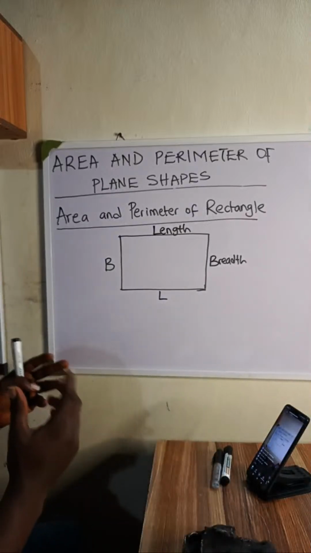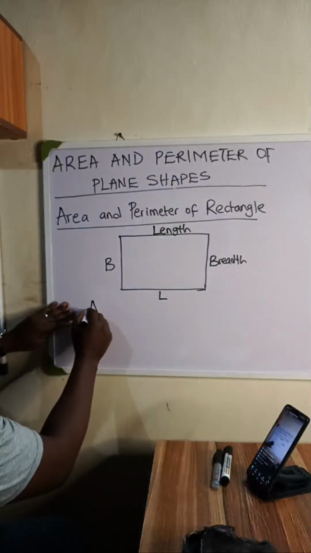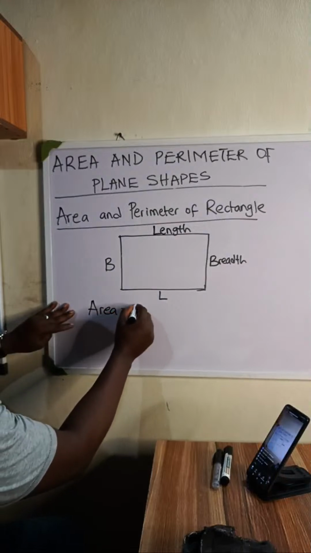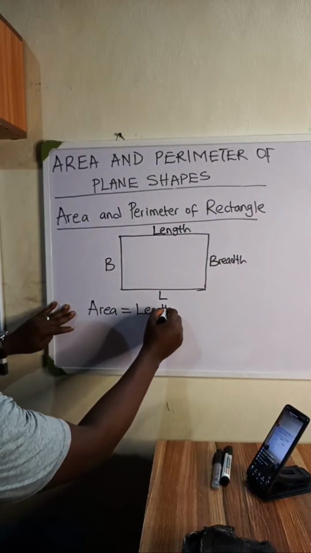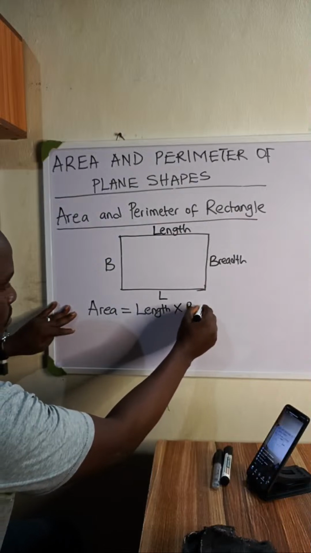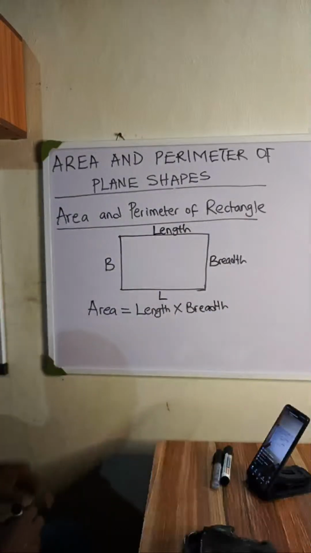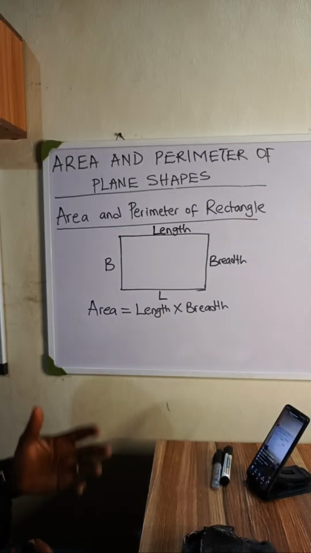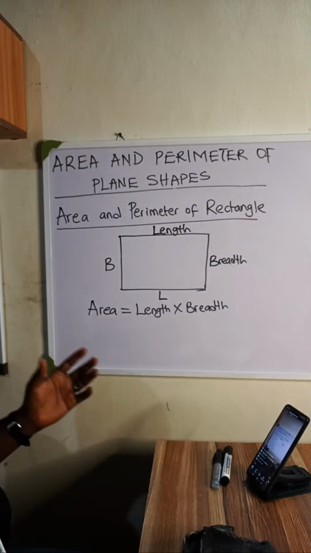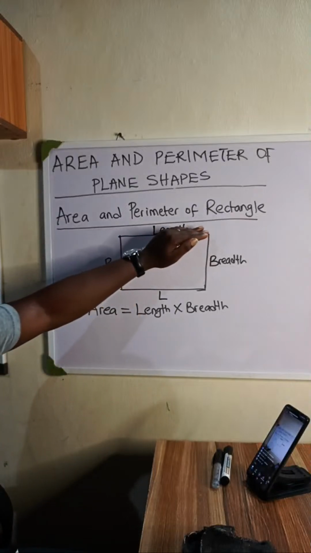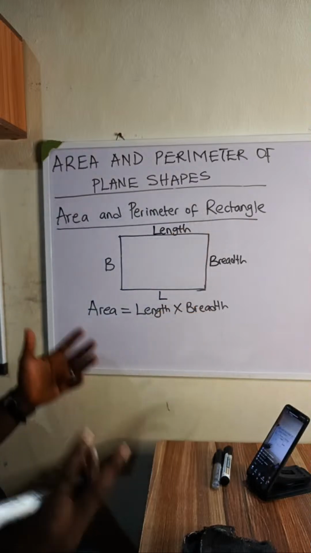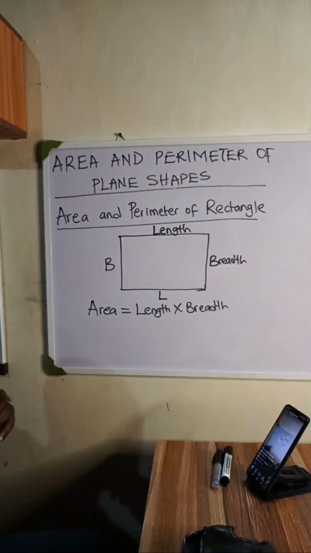So to calculate the area of a rectangle, area is equal to length multiplied by breadth. You can see how the formula is generated. You just need to know this one and this one, and then you can calculate the area.